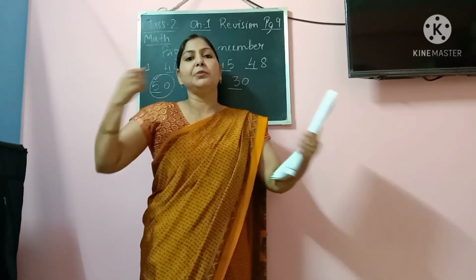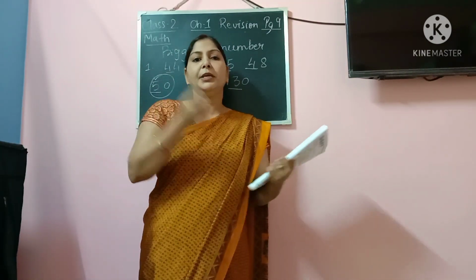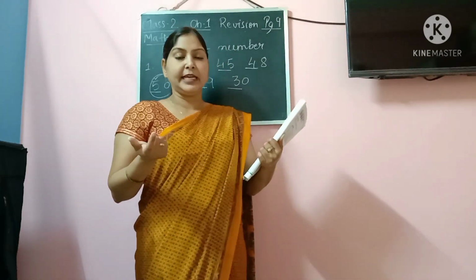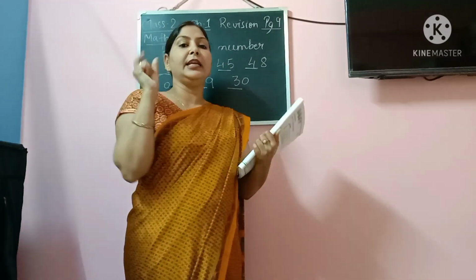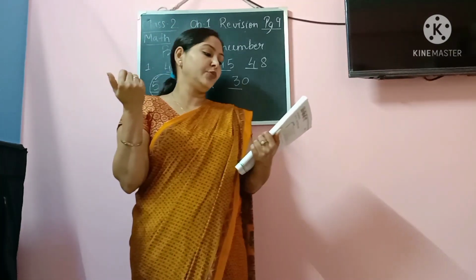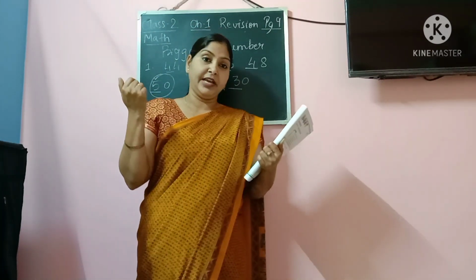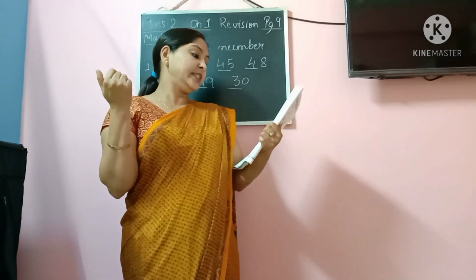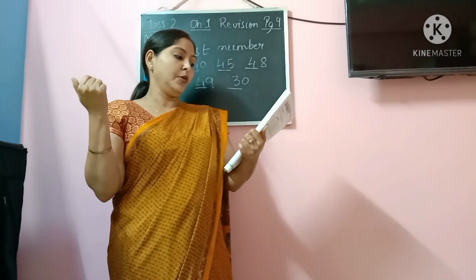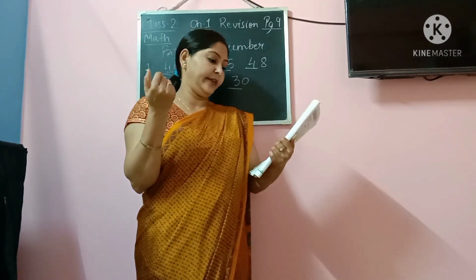Obviously when something has been taken out, it will be less only, no? So here again left, as I told you earlier, when the word left is used, then we have to subtract. So here also you will subtract 25 from 96 to get the number of leftover pages in the book which Rakesh had.